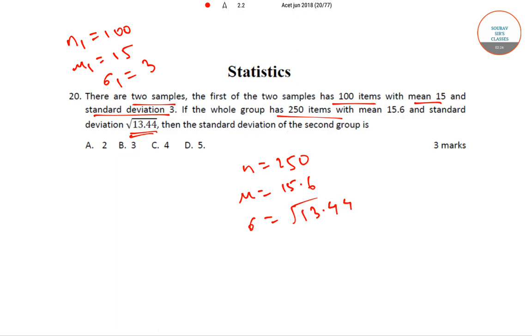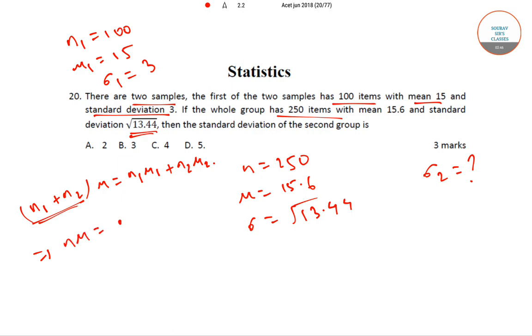Then the standard deviation of the second group, sigma2, is, now we know that (n1 + n2) mu = n1 mu1 + n2 mu2. Now n1 + n2 = n.